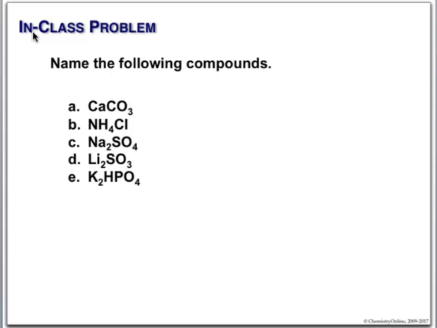First word in our name is going to be calcium, isn't it? What is CO3 minus? Look at your table. That's carbonate. And we simply write this as calcium carbonate.